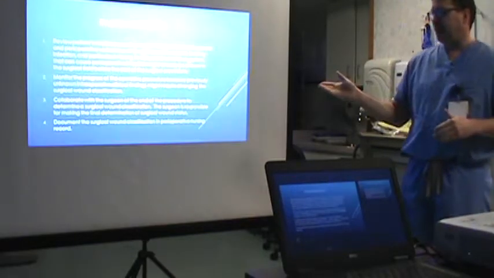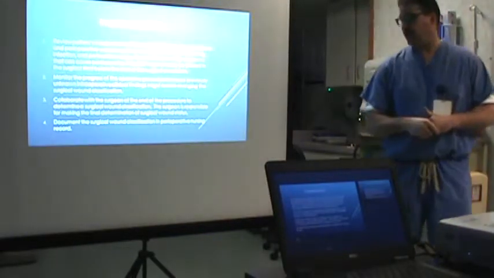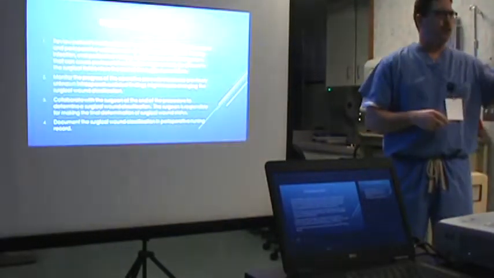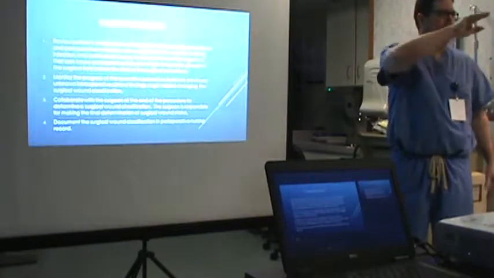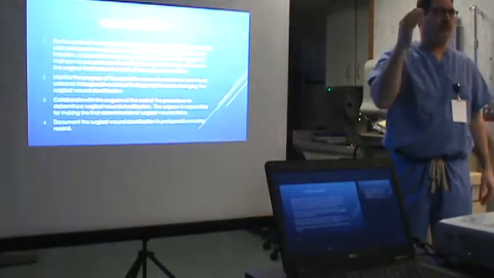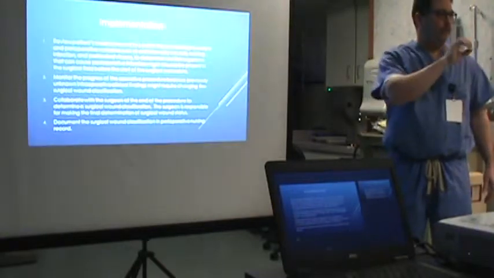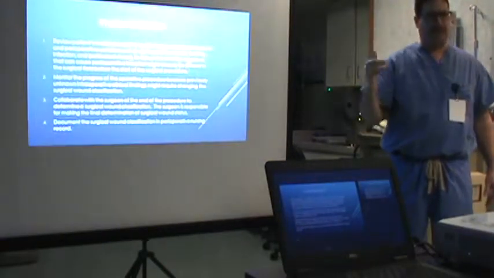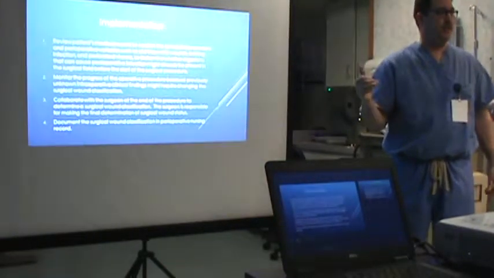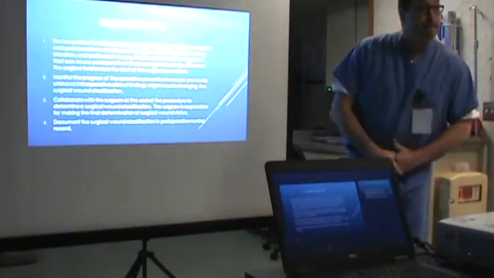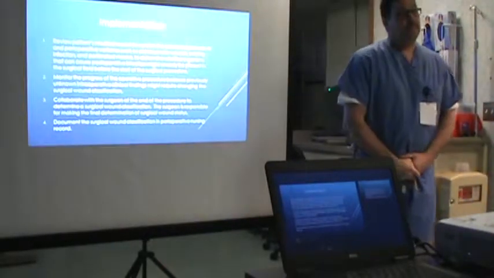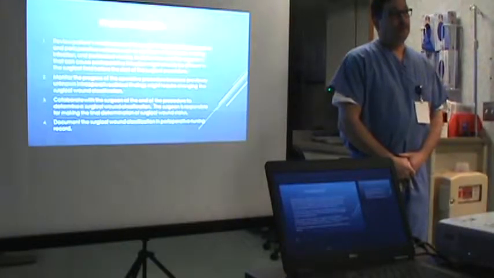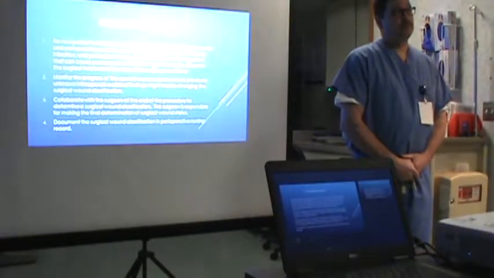And lastly, documenting the surgical wound classification in your perioperative record. And there's two places I believe that it comes up. There's one area where you put it in the surgical record, or that's one place. And sometimes it's pre-populated in the other field. Yes? So that's in the general case data, and then the procedure segment, it's going to change, so it's not going to be pre-populated.